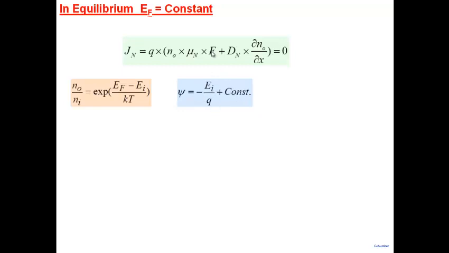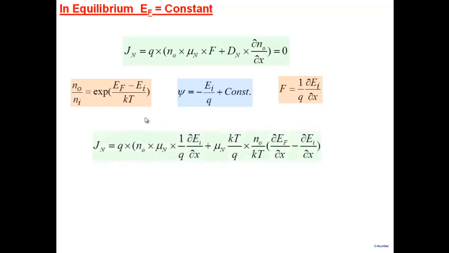Why? Because field then will be equal to what? 1 over q del EI by del x. So F is equal to 1 over q del EI by del x, and then I write this Jn here. So q n0 I'm retaining as it is, mu n times field, 1 over q del EI by del x, plus the diffusion constant.